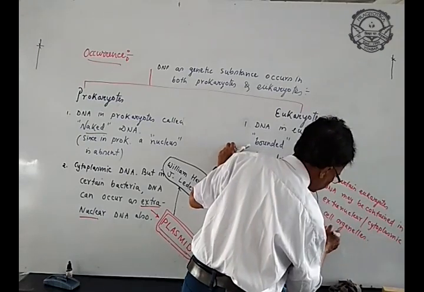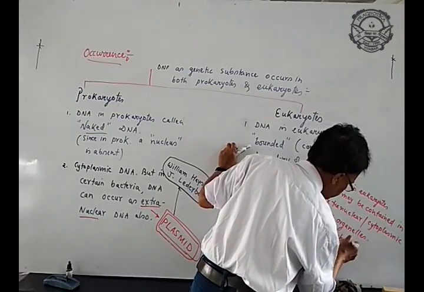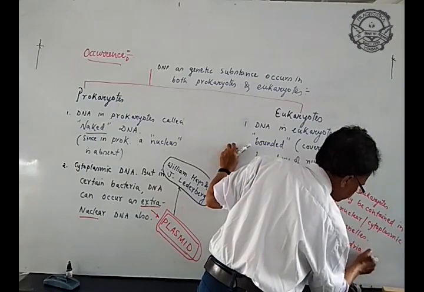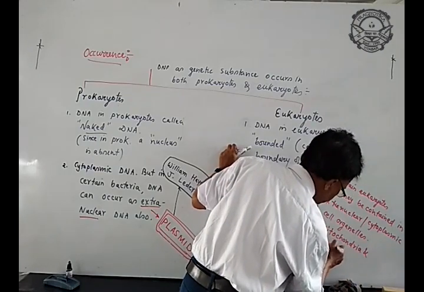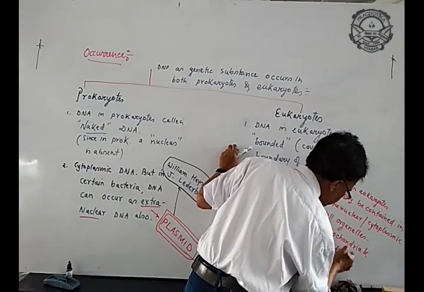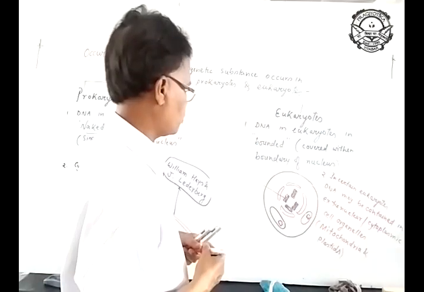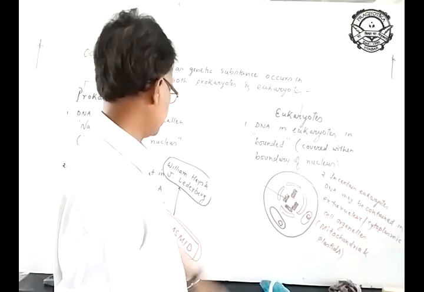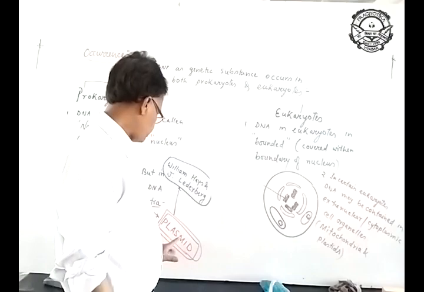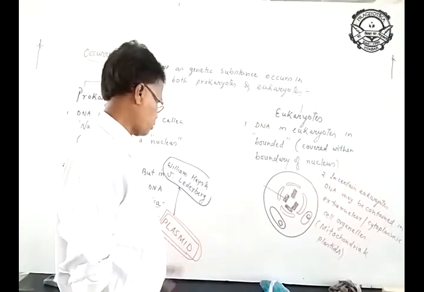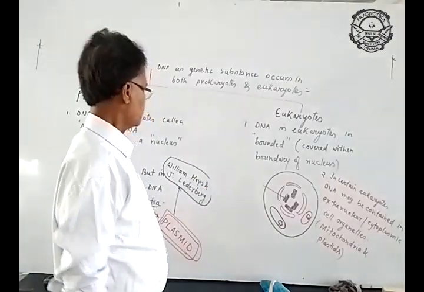These are mitochondria and plastids. So these are called extranuclear DNA, extra chromosomal DNA, equivalent to plasmids. However, you cannot say plasmid is equivalent in every respect.